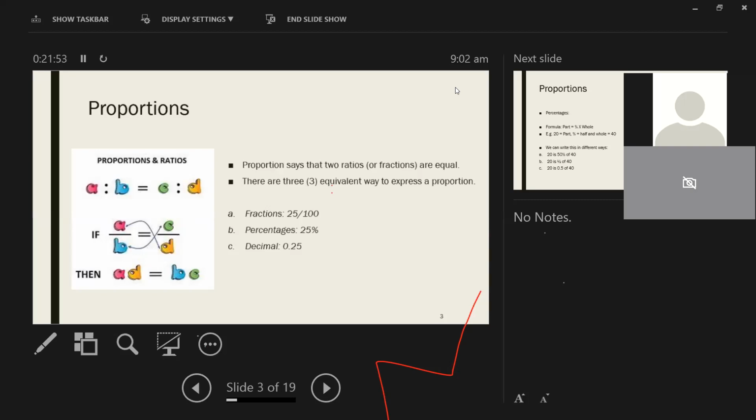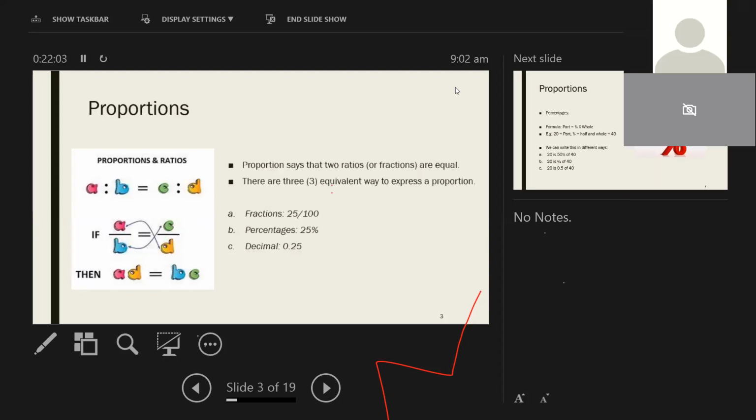As a percentage, what is 0.3? Are you sure? Where's the decimal point? So it's 30%.